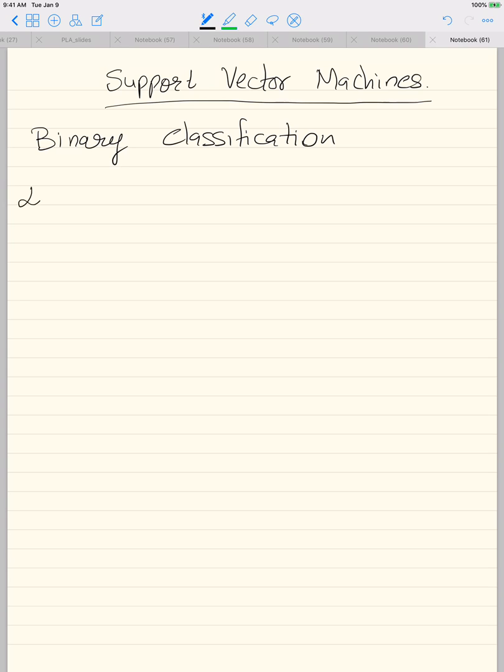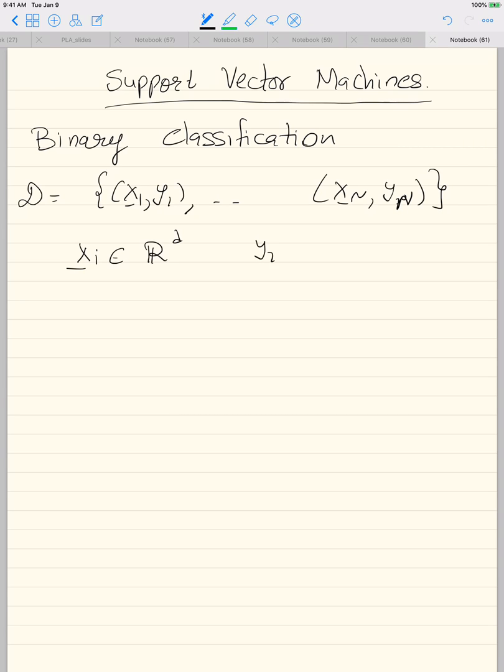So we have a data set of the form x1, y1 up to xn, yn, where the labels are binary valued. So each yi is -1 or +1, and the data set is linearly separable.